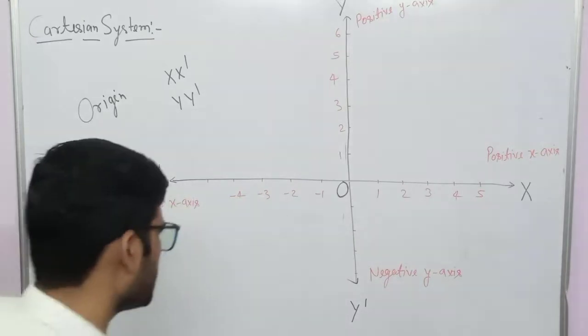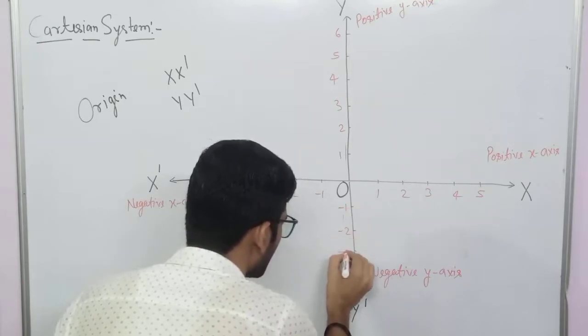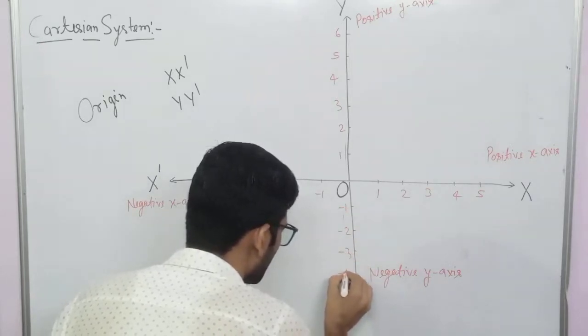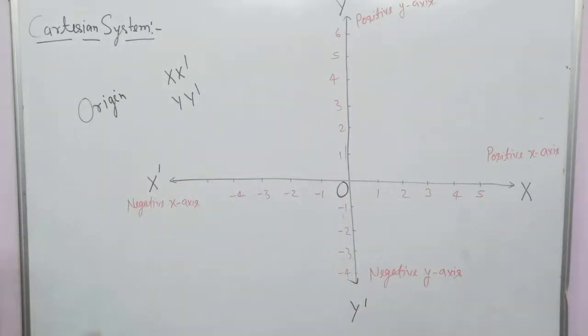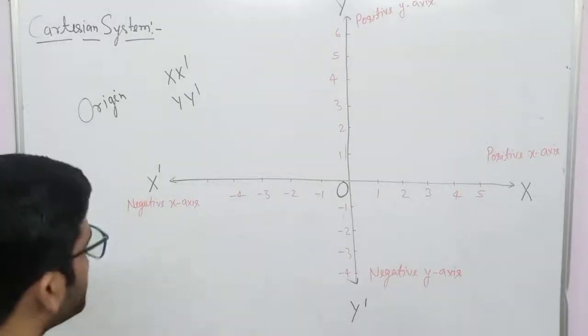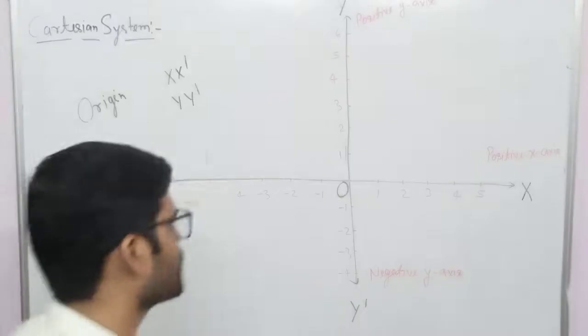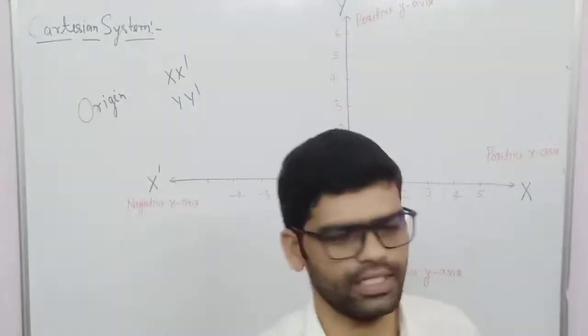You can write here also -1, -2, -3, -4. So this is the representation when we merge both lines, one horizontal and the other vertical.